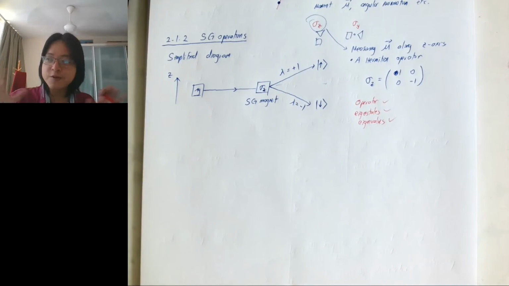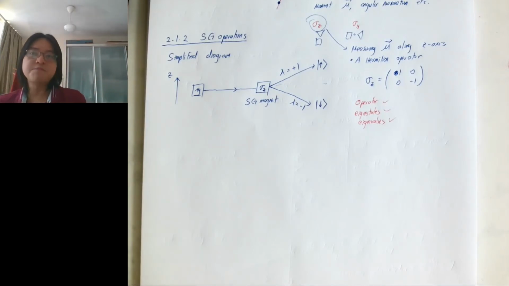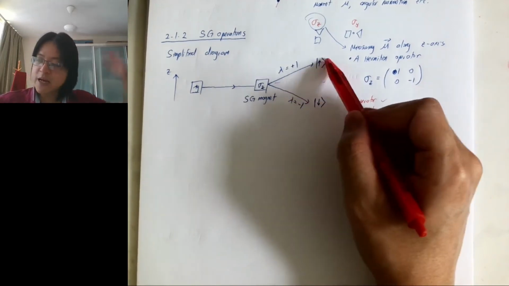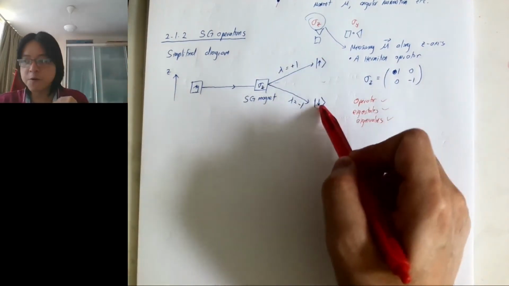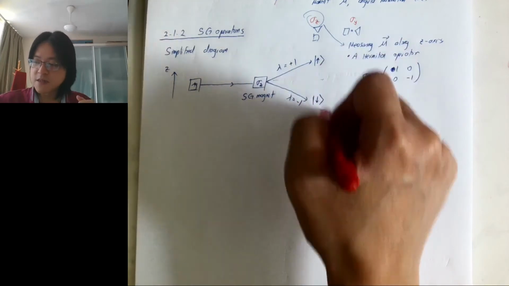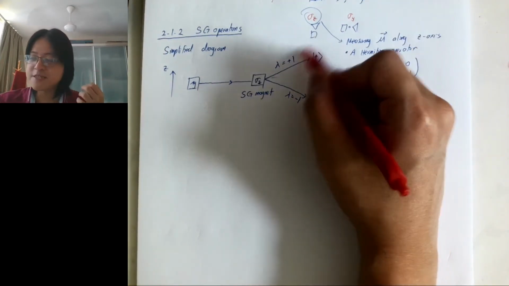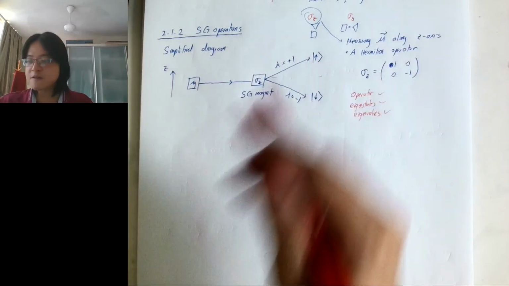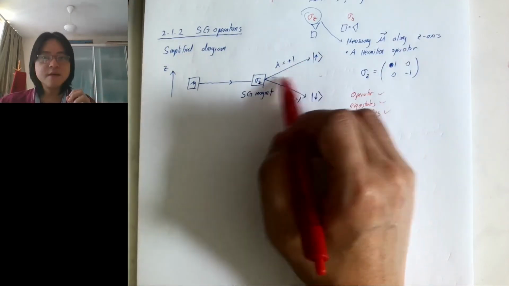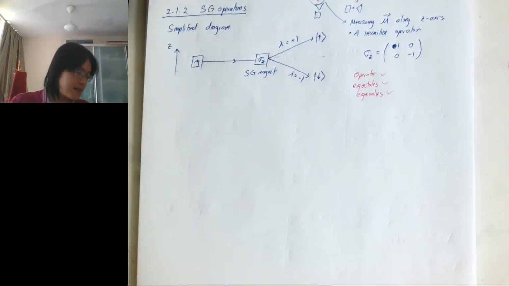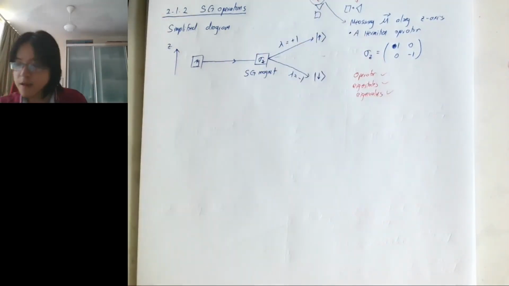Hopefully you see now this is a concrete example, a real experiment with real outcomes: the beam literally going up and the beam literally going down, corresponding to these two elements of Hilbert space. When we discussed it before it felt very abstract, but now you see the connection to reality, to this experiment.